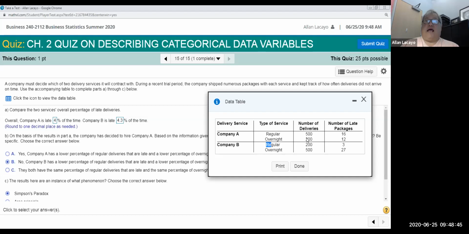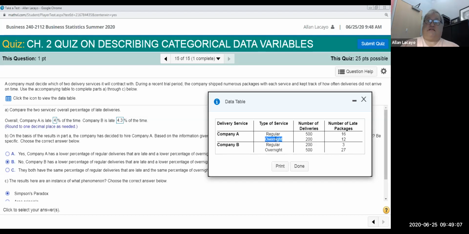Well, if you keep the regular services and the overnight services as distinct, as separate items, you will notice that Company A is having late deliveries more often than Company B regularly, as well as overnight.